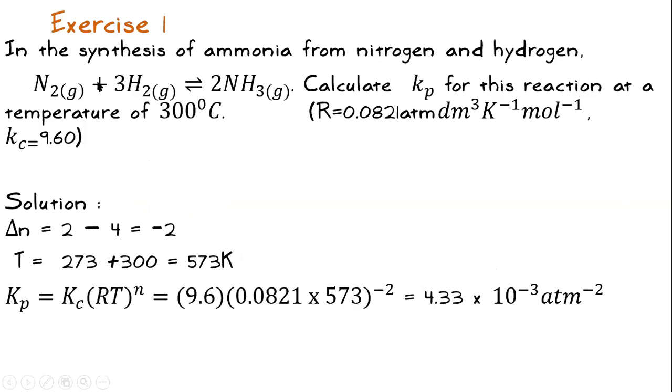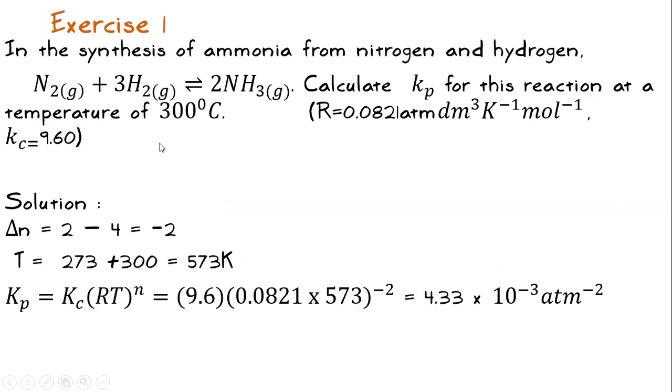So I think we looked at this question last week. This is an application of that relation we had there. Synthesis of ammonia from nitrogen and hydrogen. We have this reaction. You have to calculate the Kp for the reaction at a temperature of 300 degrees Celsius. And here you have been given units for the molar gas constant.